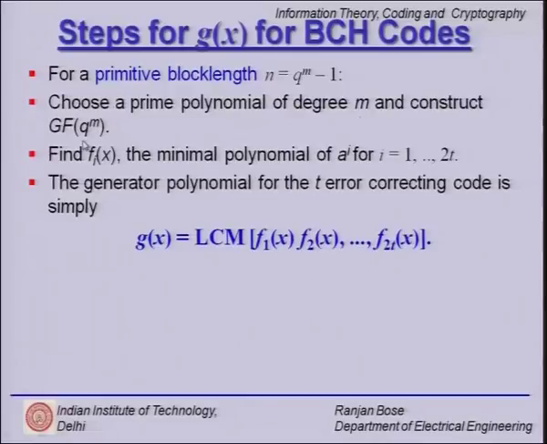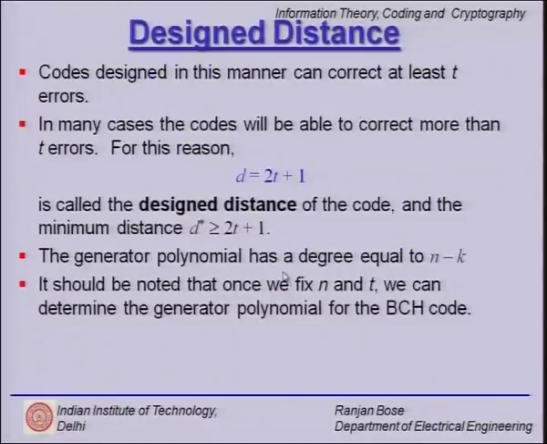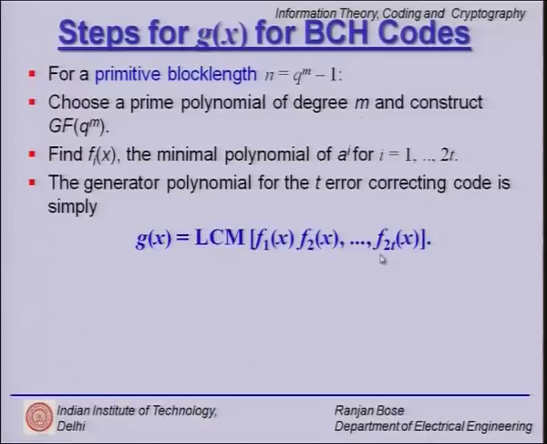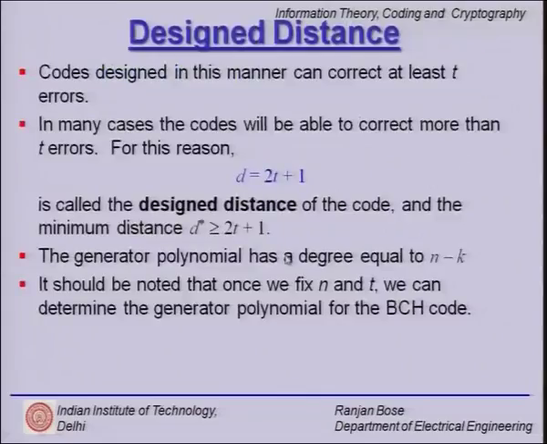So, you construct the extension field and then find the minimal polynomial of alpha, alpha squared, alpha cubed and so on, and finally, you find g of x as the LCM of f1(x), f2(x), ..., f2t(x). And we did a theory in the last class why 2t is required, so that you can have enough equations to exactly correct the required number of errors.